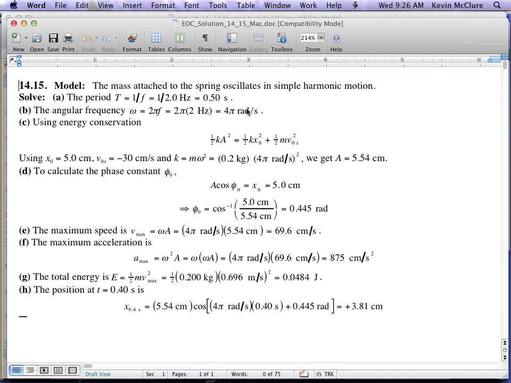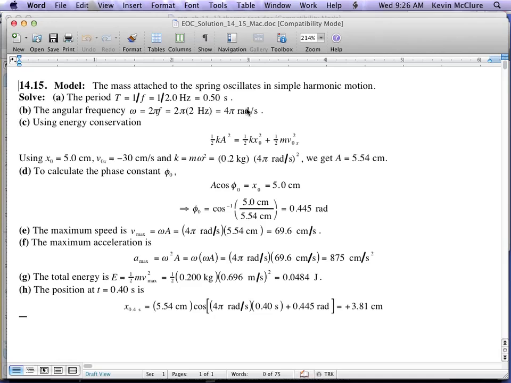So yeah, why is omega 4 pi radians? Oh, this is what we got up here, the angular frequency. Because we were told that the frequency of this thing was 2 hertz. Is that right? Okay.